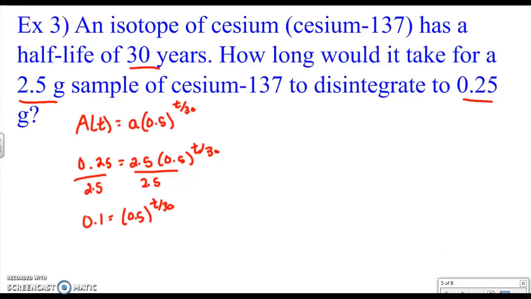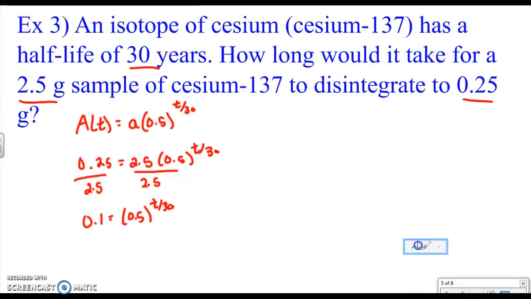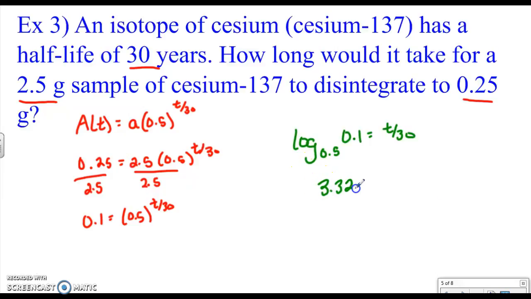Okay, and then again, once we get to this point, we're going to rewrite it as a logarithmic function. So log base 0.5 of 0.1 equals t divided by 30. So if I type that in my calculator, log of 0.1 divided by log of 0.5 gives me 3.322.